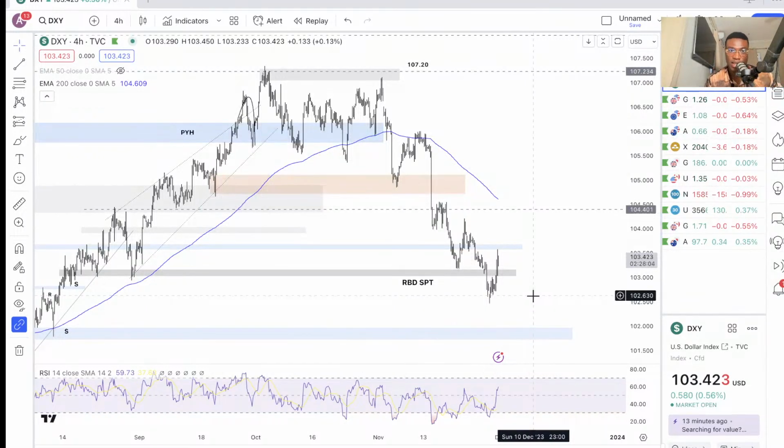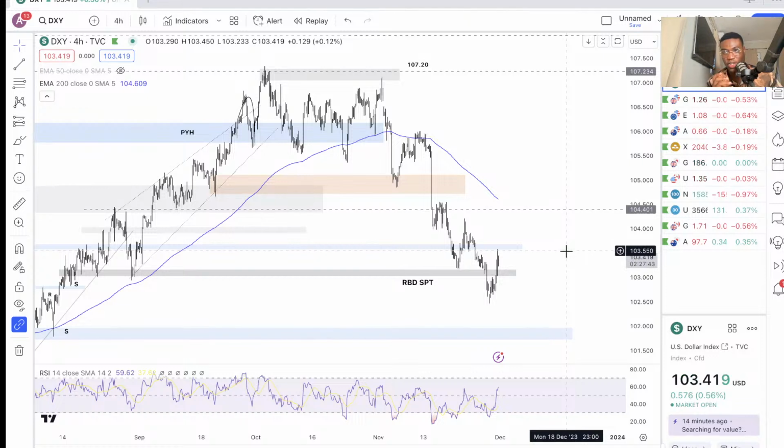So like I said, still bearish on the dollar. There are some confirmations I want to see, which are a break of structure and a break out of the 200 period moving average. But as long as we keep trading below this key level, the dollar is still bearish.